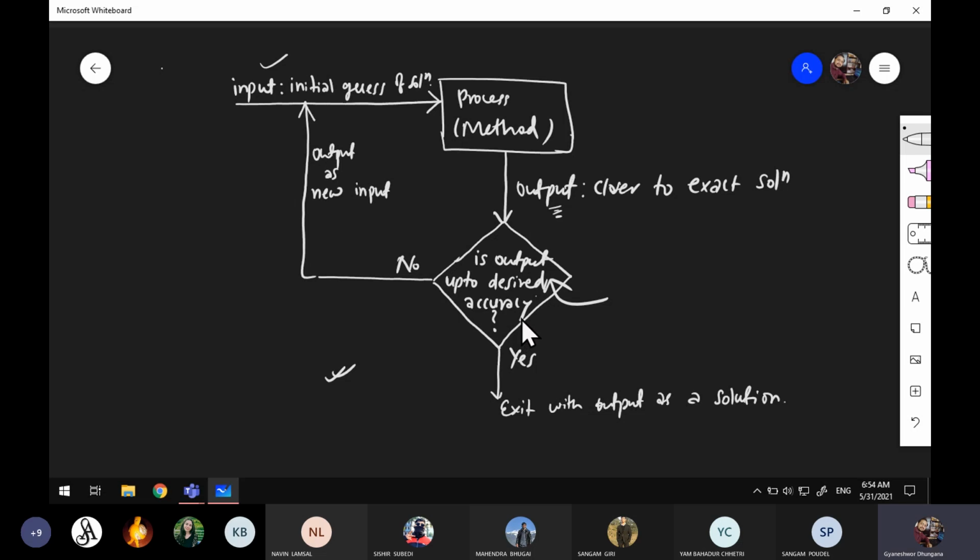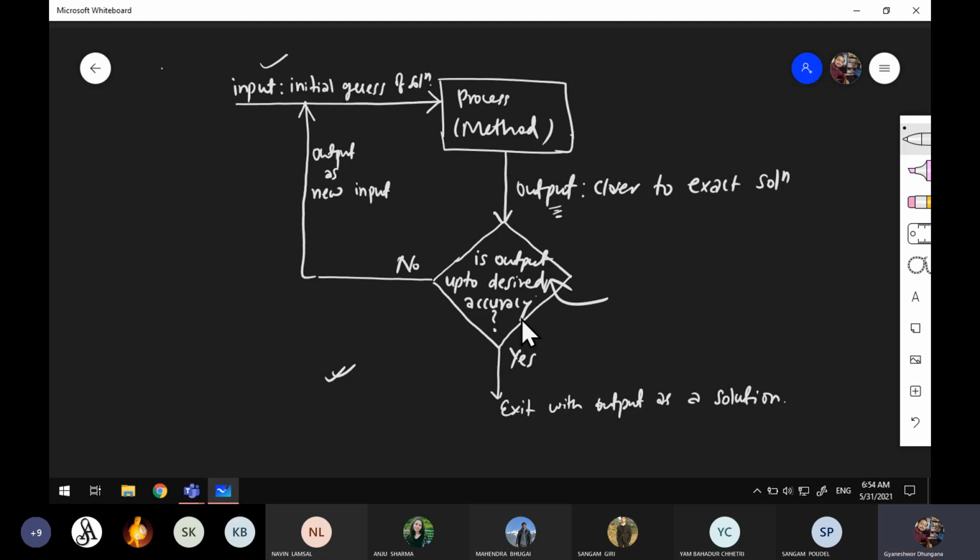And the measurement of error becomes crucial here. Because after every step we have to decide whether to start another step or to exit based on the errors. How much error is acceptable will decide whether to go to another step or not. If the error is within the acceptable range, we will exit and say that is the solution.